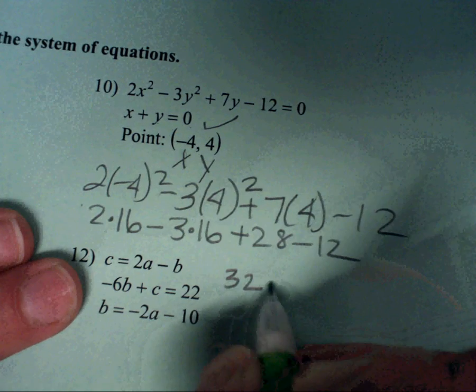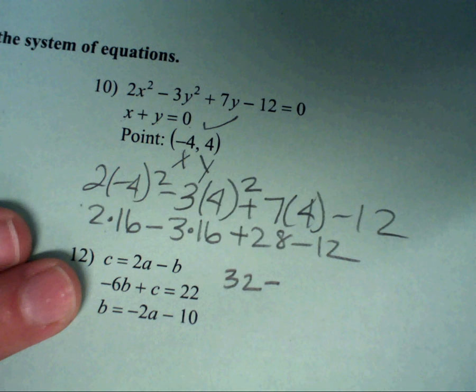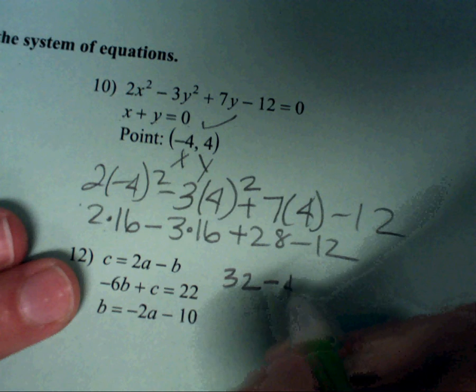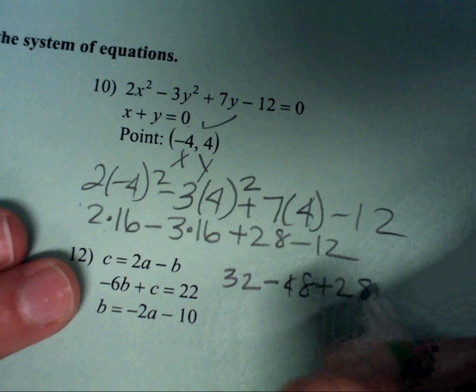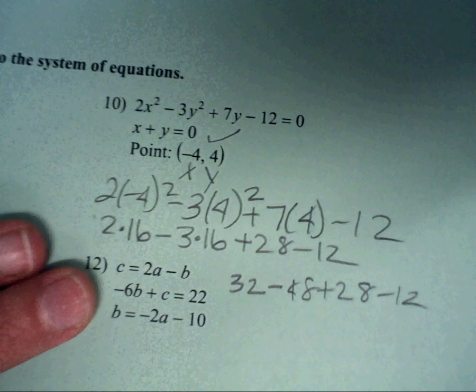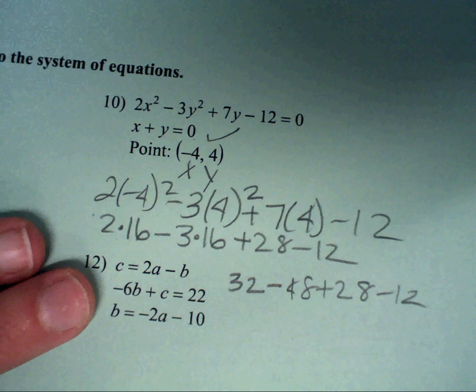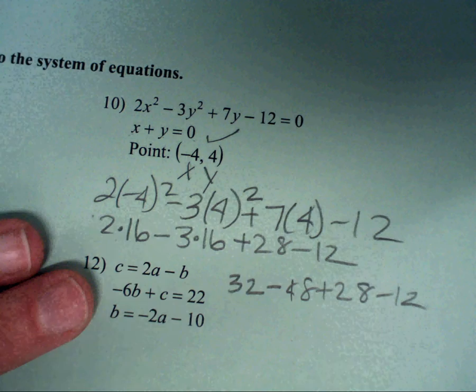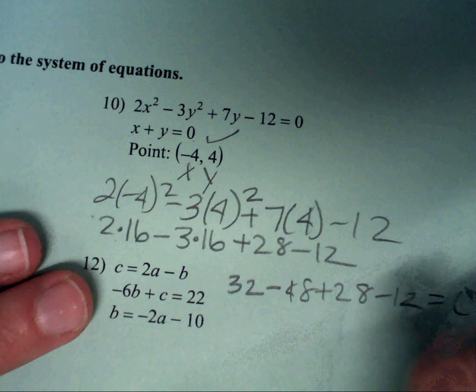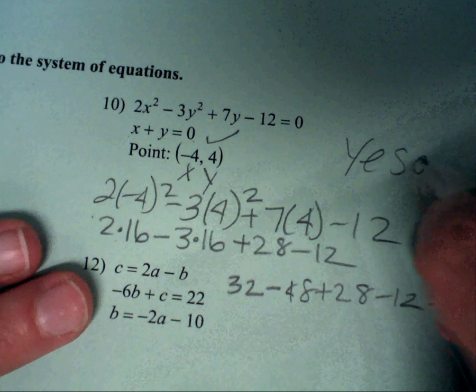So that's 32, 48, plus 28, minus 12. Sorry. And so whenever you simplify that out, then it does equal 0.